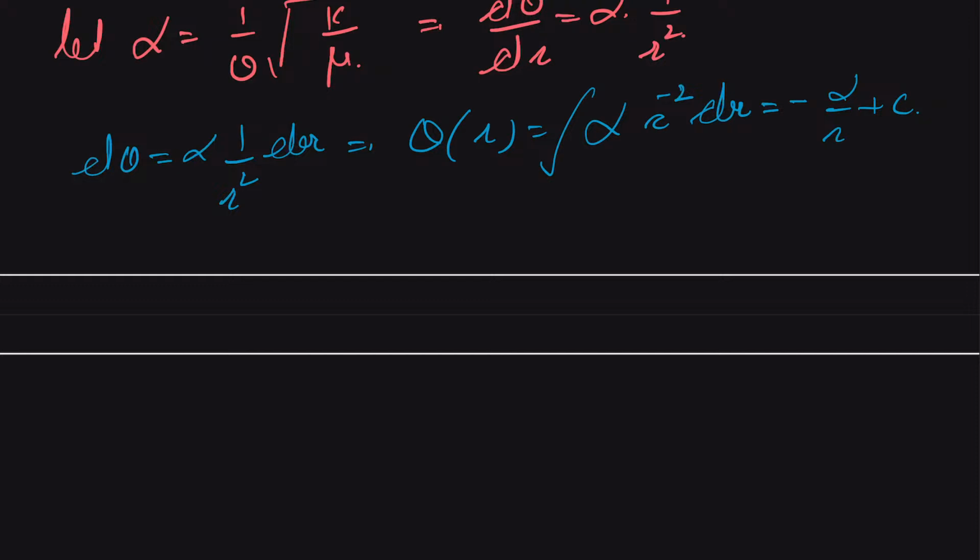So we just integrated it and we apply the initial condition. So we can say at r is equal to r naught, we have theta is equal to theta naught.